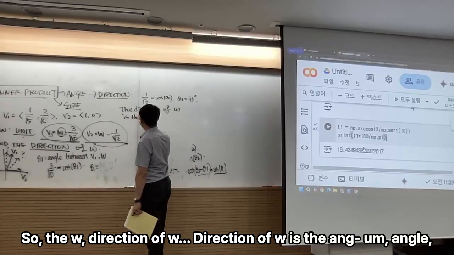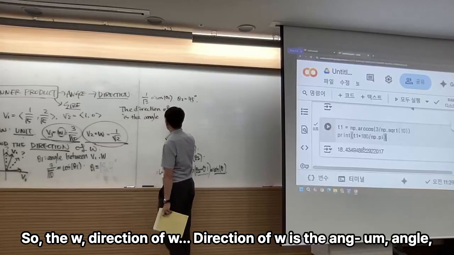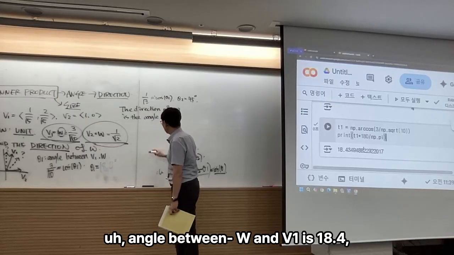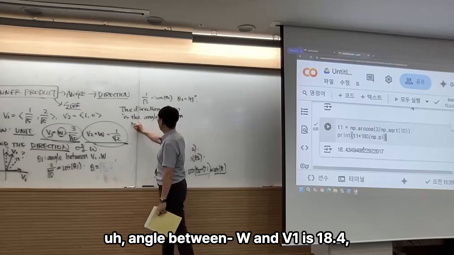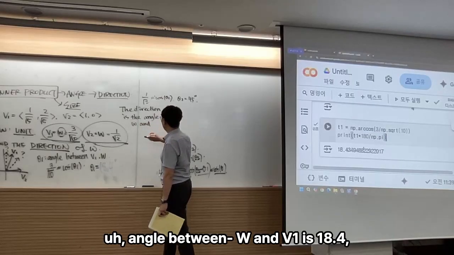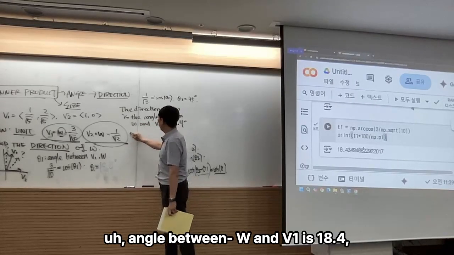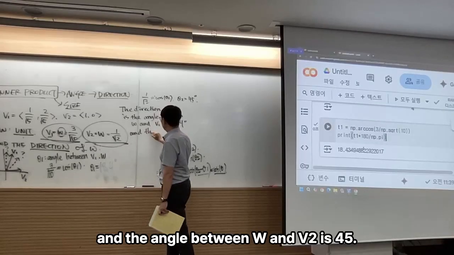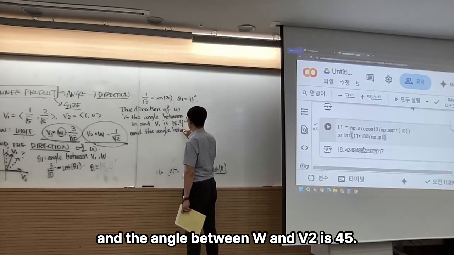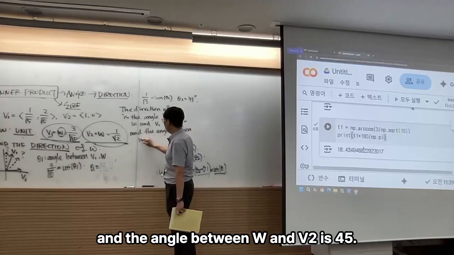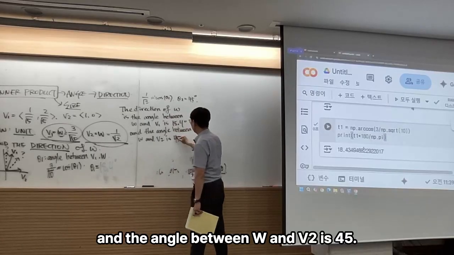So the direction of W is: the angle between W and V1 is 18.4, and the angle between W and V2 is 45.